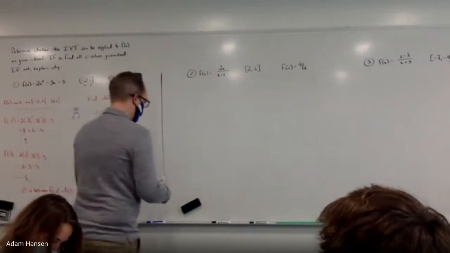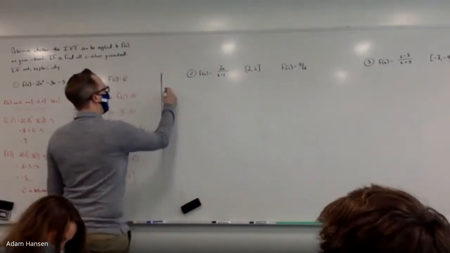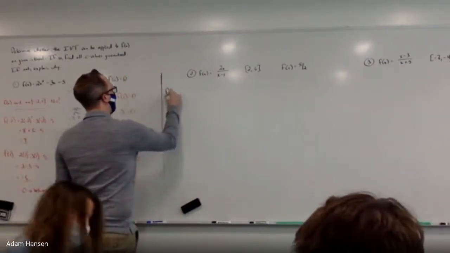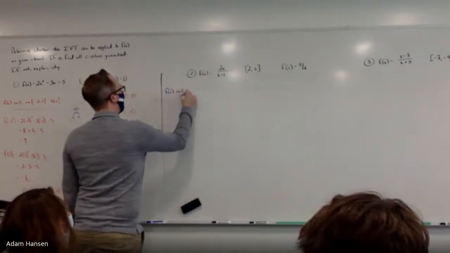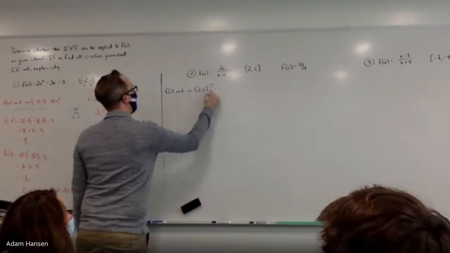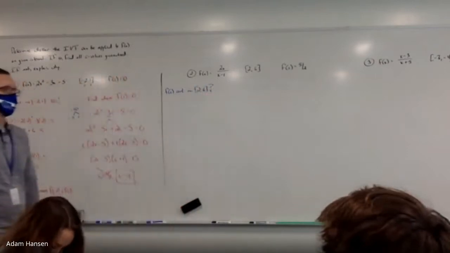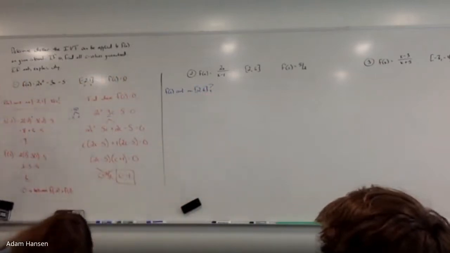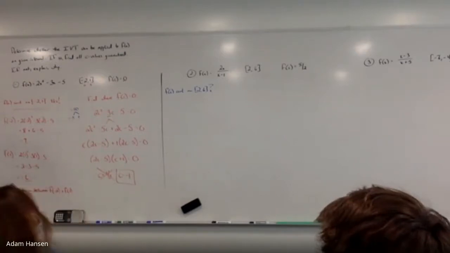So let's check everything. Is f of x continuous on the interval 2 to 6? In order to guarantee the existence of some number, I have to find the criteria and make sure I'm satisfied for that to be applied in the first place.